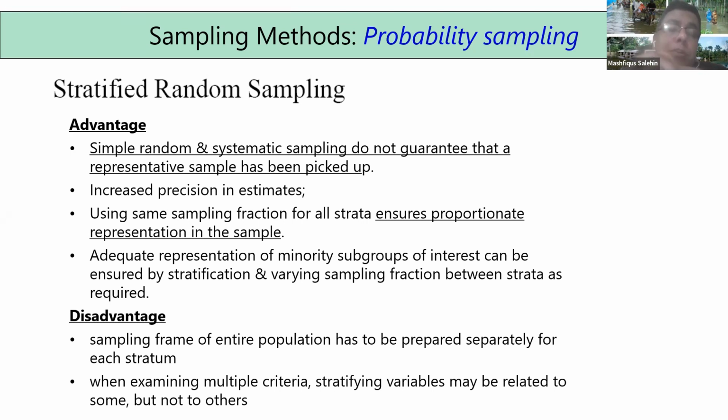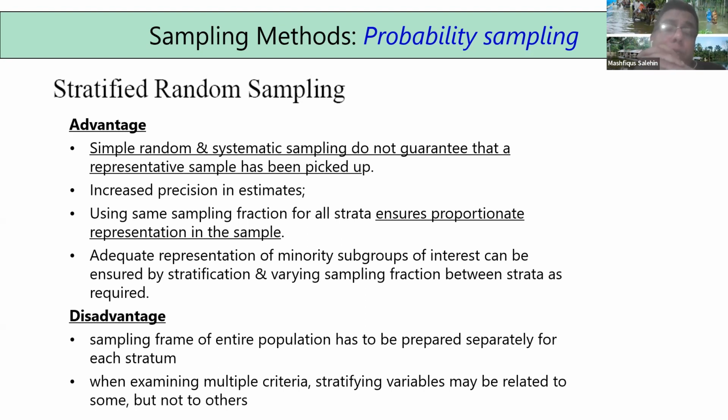But one disadvantage would be preparing the sampling frame of the entire population. You need to have a list of your population. It can be for a particular division, district, or union, or if it's a big survey, for the entire country. You also need information on those characteristics: if livelihood is your strata, then you must have adequate information on livelihoods for those populations.